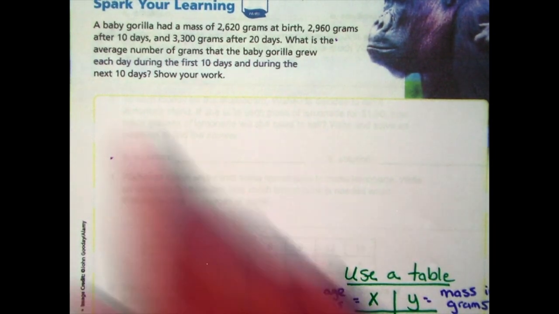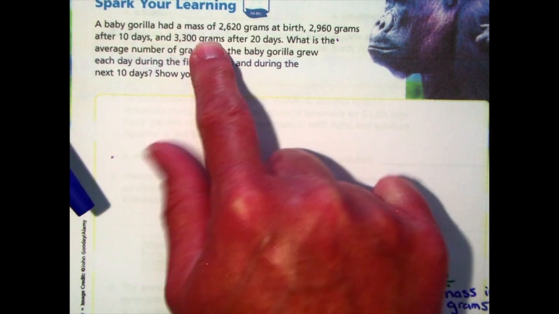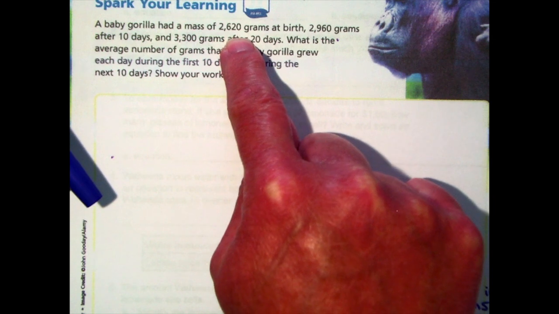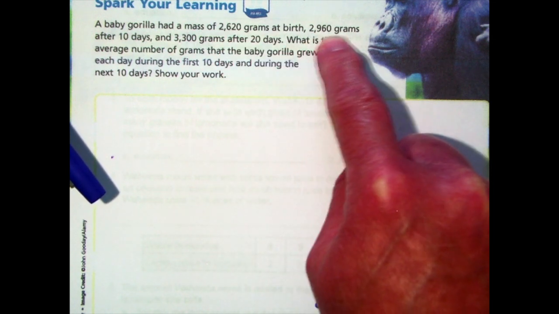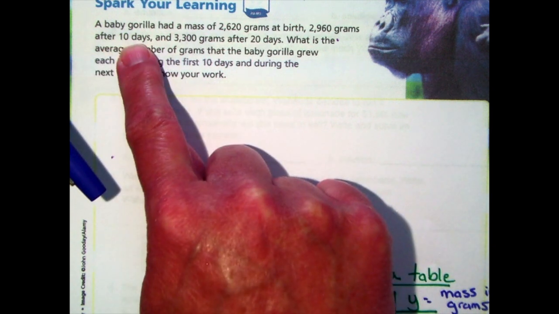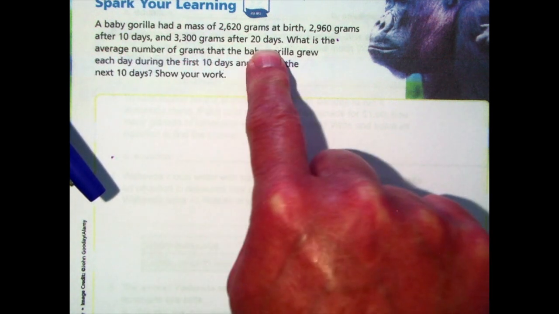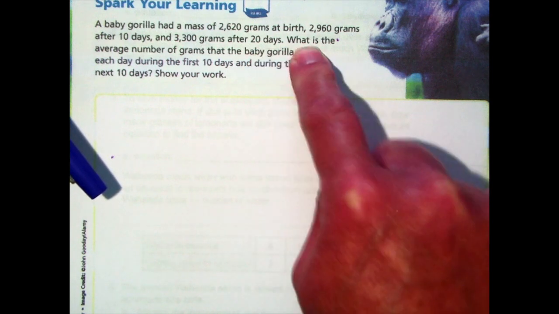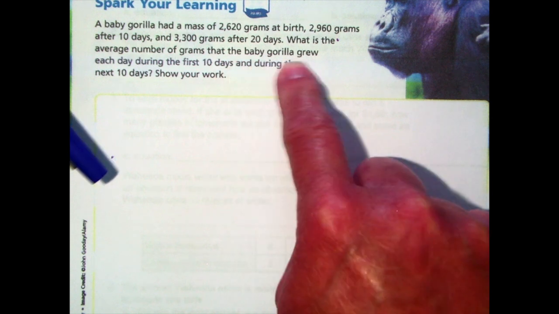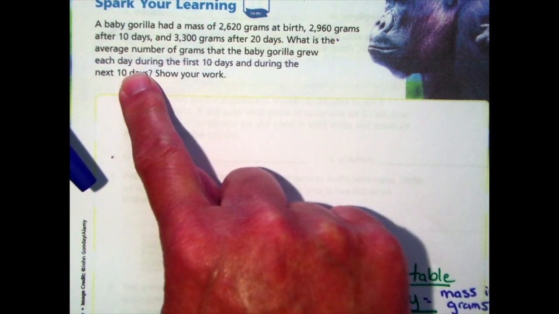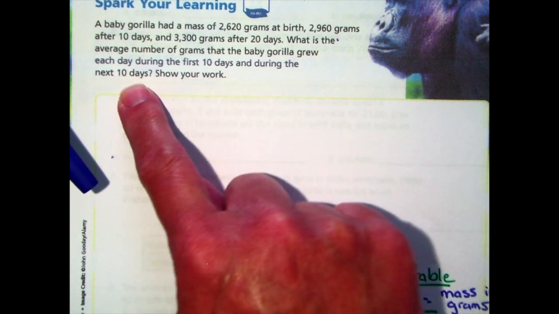It says, a baby gorilla had a mass of 2,620 grams at birth, 2,960 grams after 10 days, and 3,300 grams after 20 days. What is the average number of grams that the baby gorilla grew each day during the first 10 days and during the next 10 days?